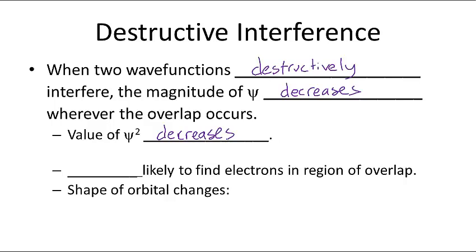It'll be less likely. So again, the shape of the orbital will change. If we're less likely to find the electron there, essentially our orbital, our picture of the orbital, will shrink in that area, and it'll have to grow elsewhere.